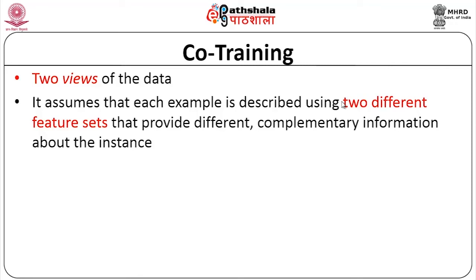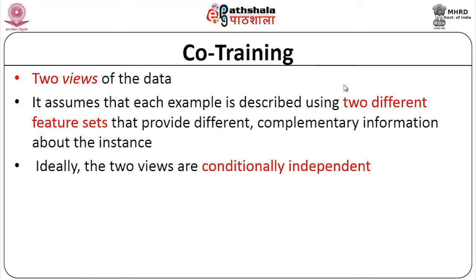The object can be classified according to its color or according to its size. But you have to choose complementary information about the instance. Ideally the two features are conditionally independent. So, the size does not determine the color or the color does not determine the size.